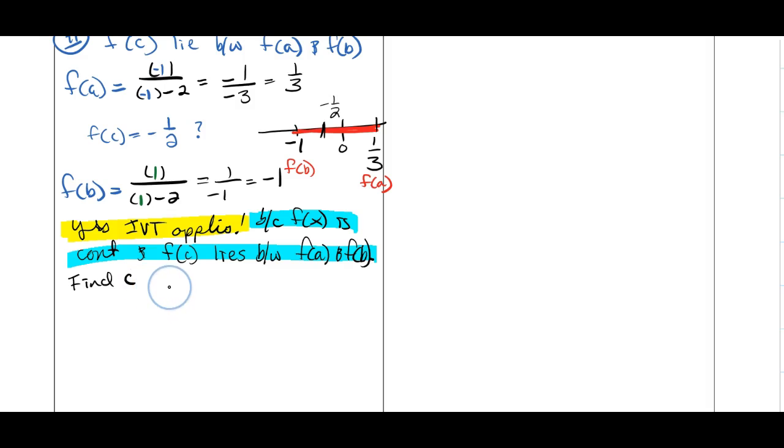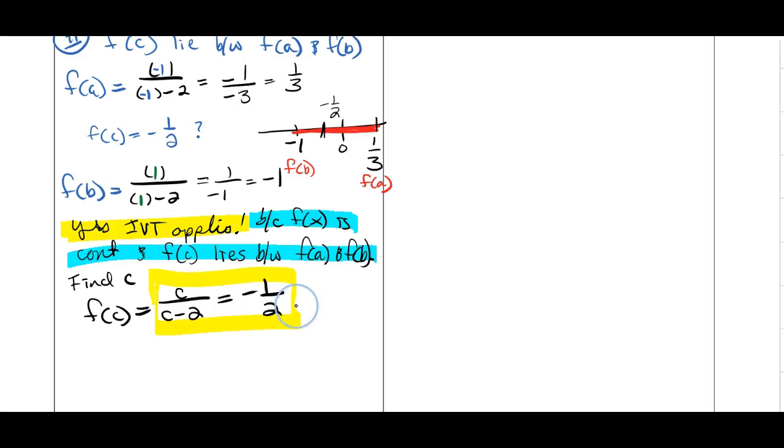So we know that f of C equals negative 1/2. And we just need to solve this equation that we set up here. Since we have a fraction on the left and a fraction on the right, we can cross multiply.